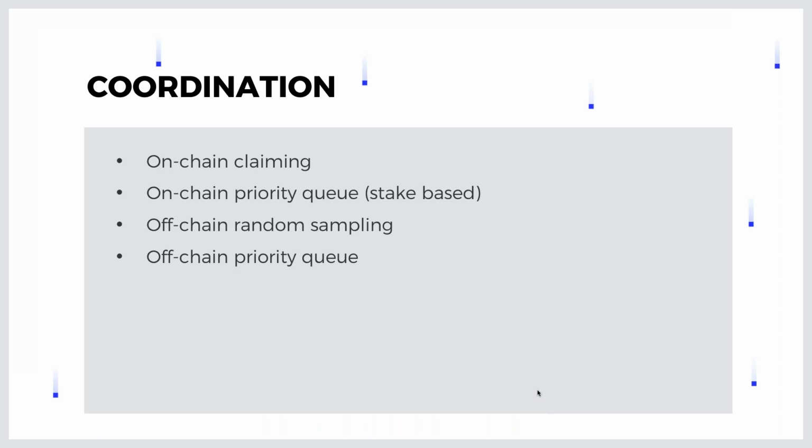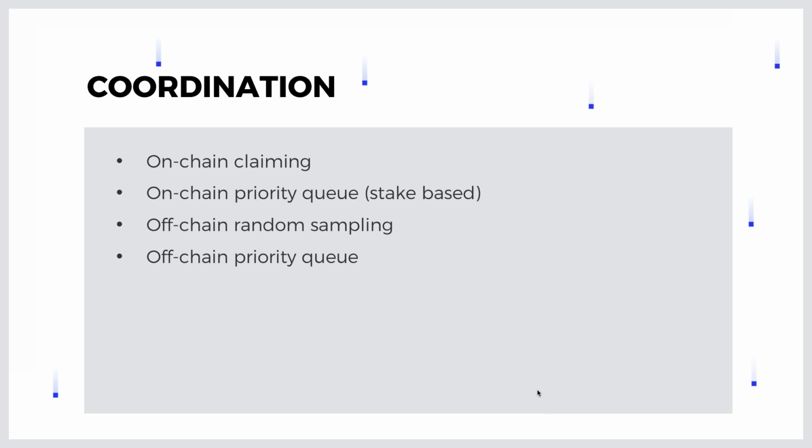Again, there are different ideas and approaches that can be applied to the coordination problem. We have on-chain claiming, which is now in the Ethereum Alarm Clock. We are also looking into priority queues that are stake-based.